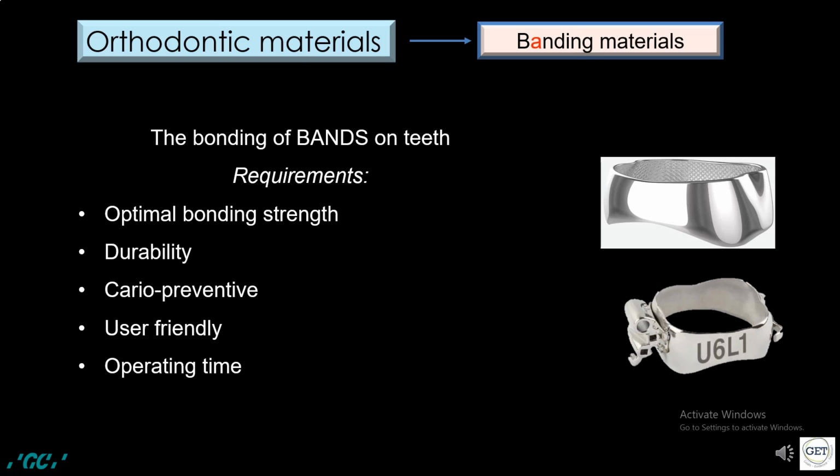The durability of the bonding material is extremely important to avoid washout and voids. Banding materials should have the following requirements: optimal bonding strength, durability, caries preventive, user-friendly, and to offer the best operating time.